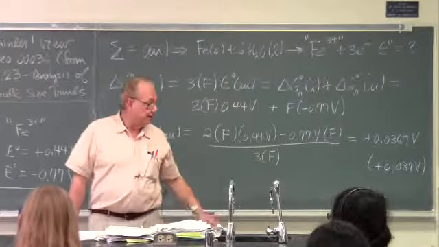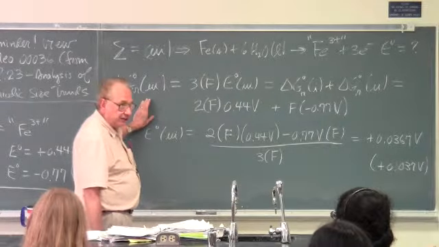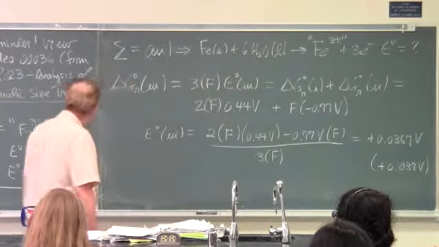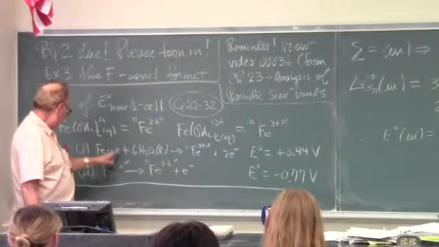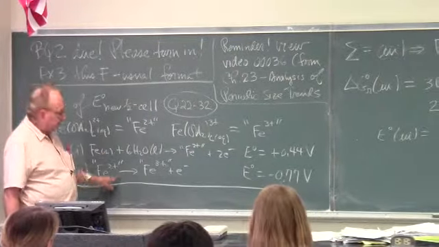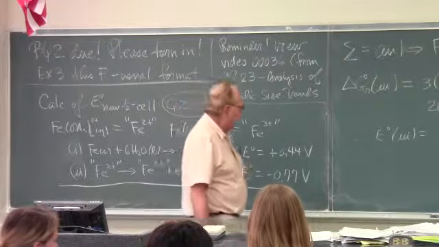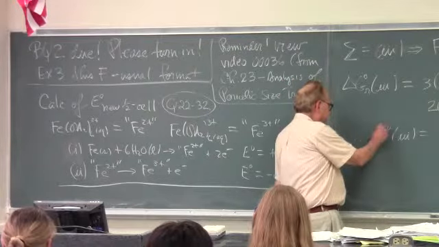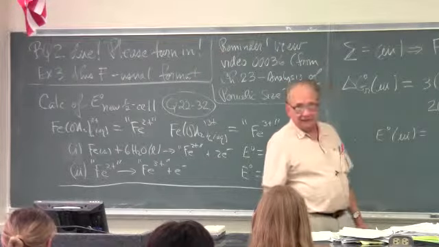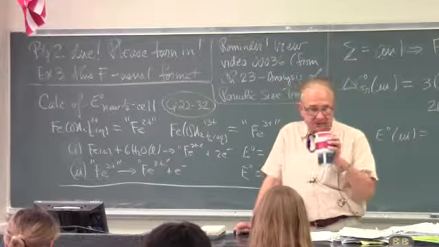So here is where we have combined the standard changes in free energy for each of the component half reactions, this one and this one, which we can do because we've got the E0 values for each of these. And then here's the calculation to get E03. That is the method given by textbooks on electrochemistry to do this task.